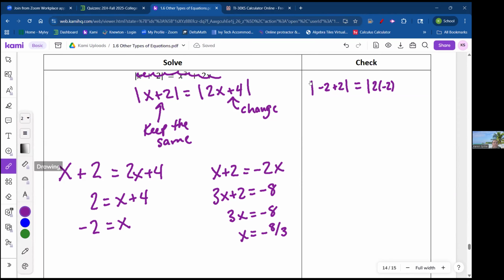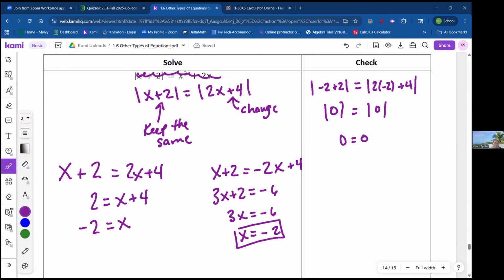But the good news is we only have to check it once. Plus 4. So the absolute value of 0 is equal to the absolute value of 0. So 0 does equal 0. So negative 2 is my answer, both negative 2s, technically.